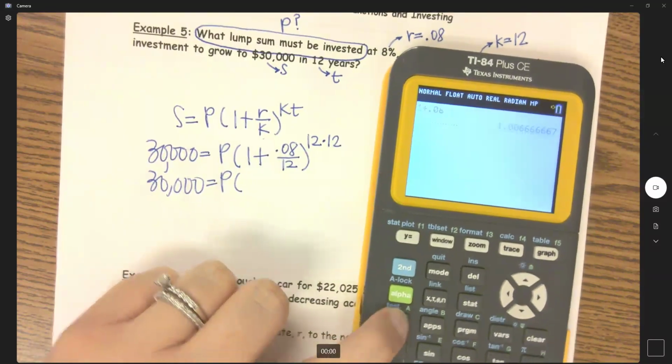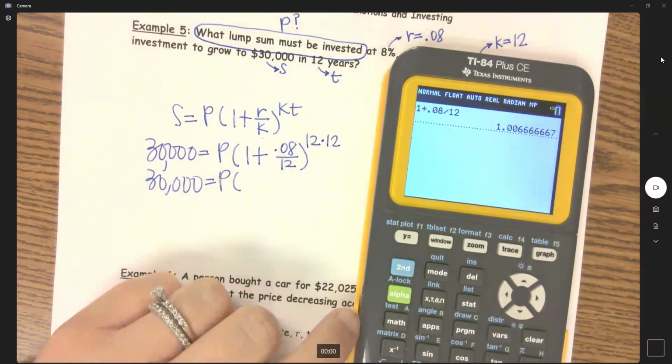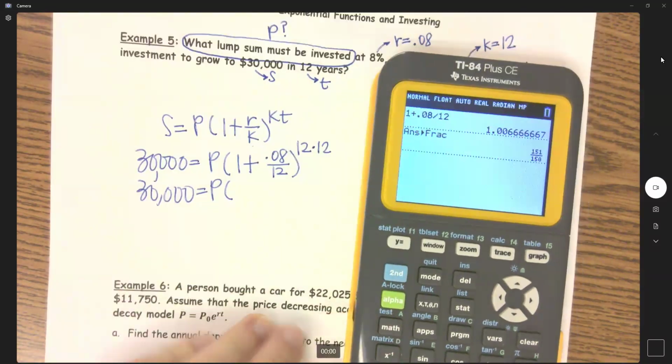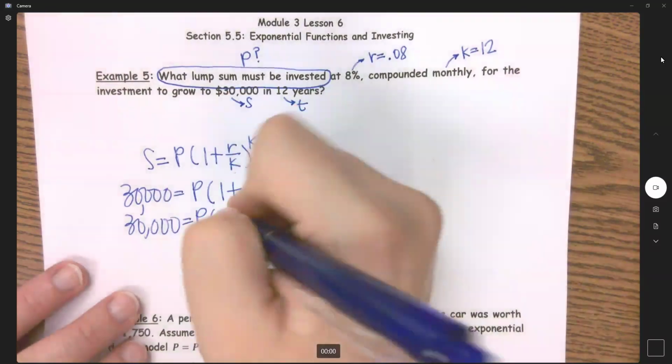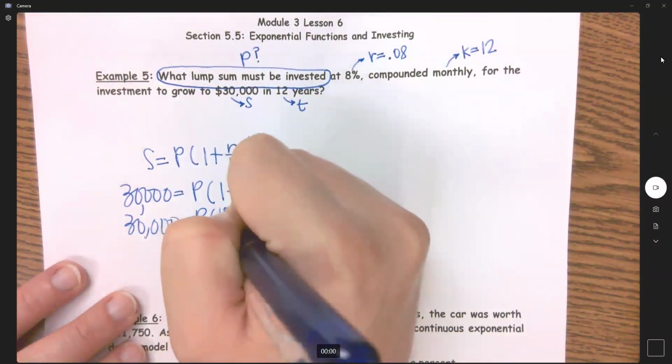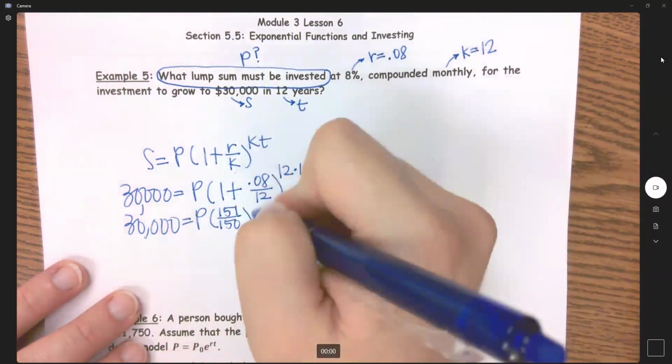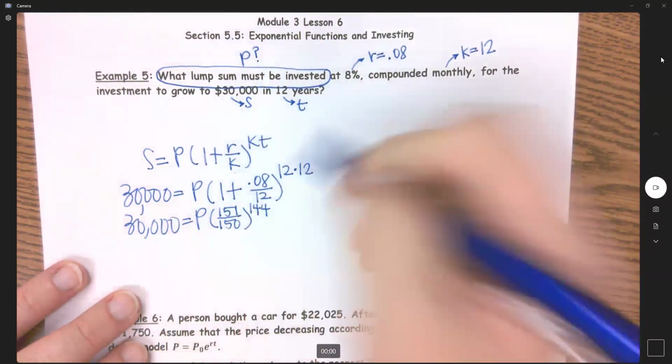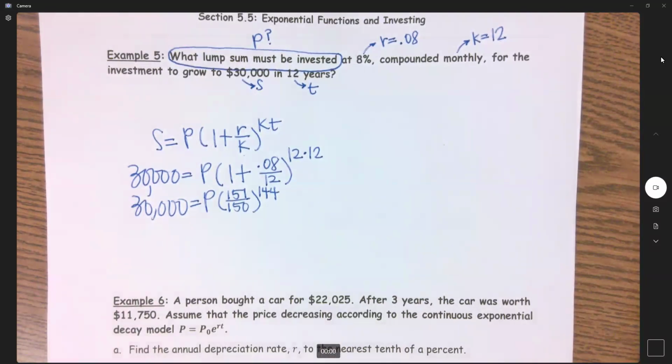So I'm going to hit math, fraction. We have 151 over 150. We don't want to round until the very end. And 12 times 12 gives me 144. That's getting a little messy there. Sorry about that. But 12 times 12 is the power of 144.